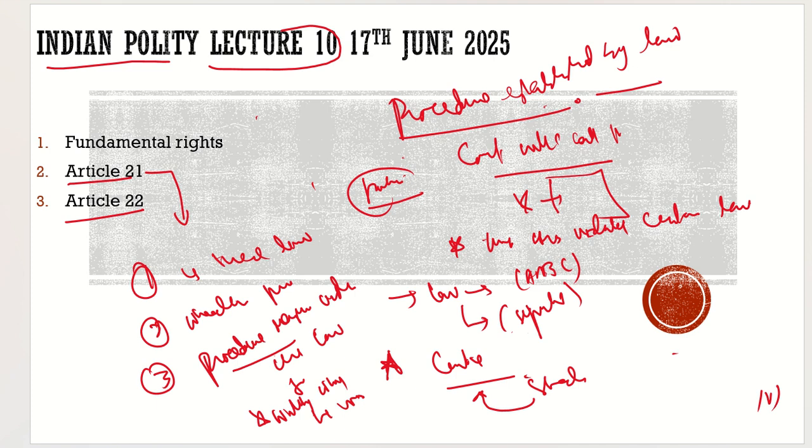Third, whether the procedure mentioned by the law was followed in your arrest or not. Once all these three are ticked, the court will say, sir, we cannot help you because there is a law, there is the procedure, and the law is also valid. Now we can't do anything.